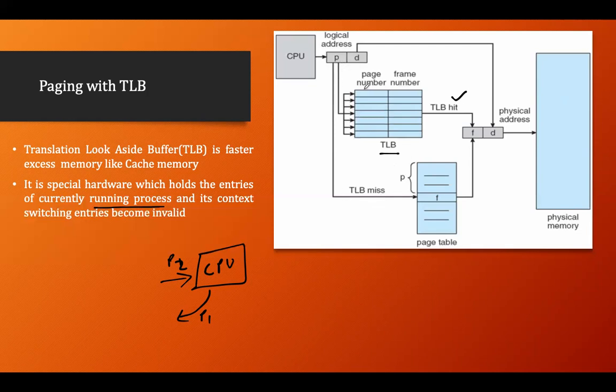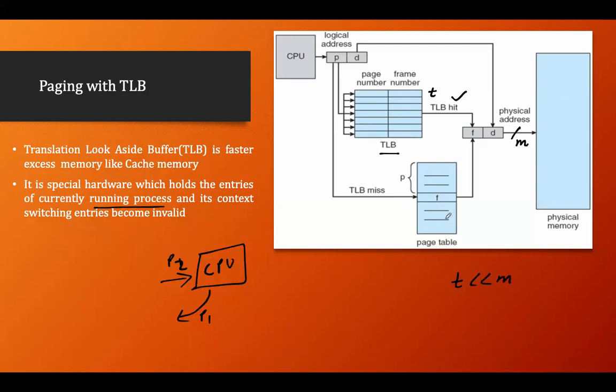Let's assume that accessing the TLB takes T amount of time, and physical access of the memory takes, let's say, M amount of time. We are assuming that T is very much less than M. Getting it?